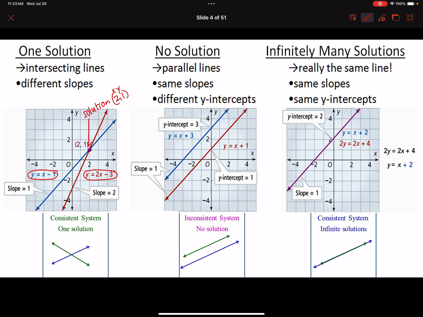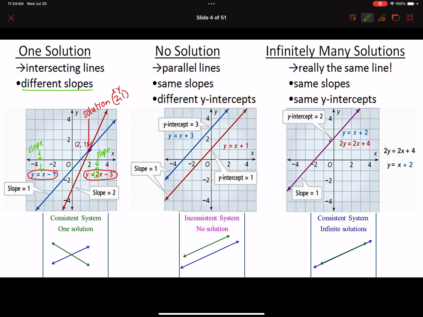A shortcut that is helpful to know if there's going to be a solution or an intersection point is they have different slopes. We've talked about this before, we're going to review it more today, but here there's a slope of 1, whereas here the slope is 2. So different slopes, they will eventually cross.